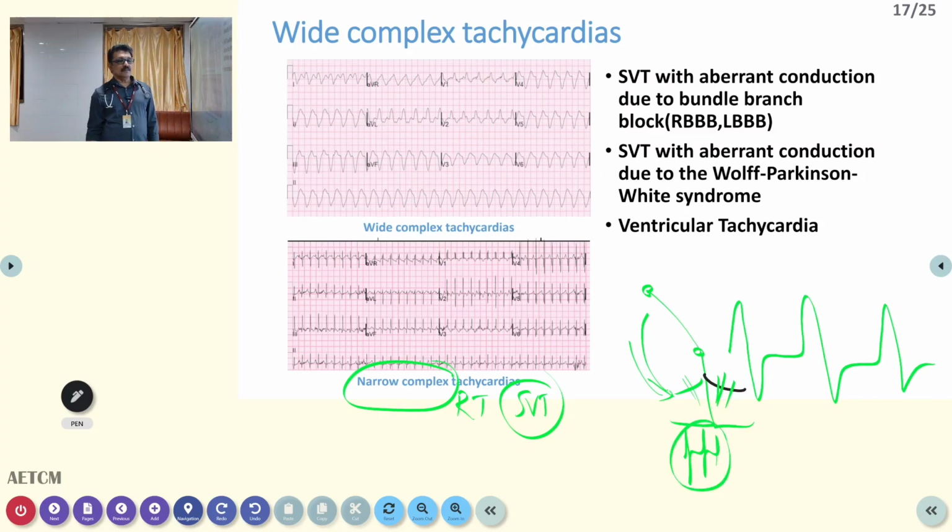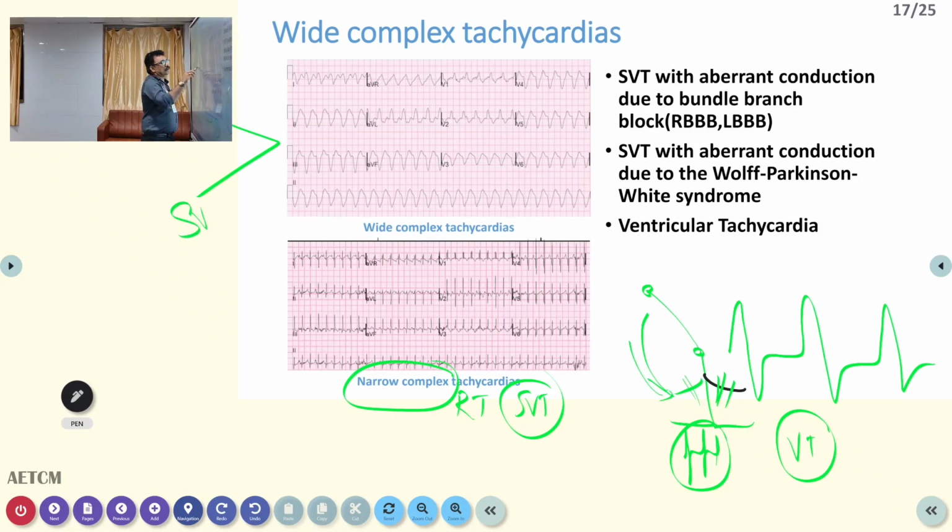So if you are seeing wide complex tachycardia, you must always think that the patient may have some sort of aberrancy in the conduction system, or it can simply be ventricular tachycardia. Ventricular tachycardia also will be wide. So wide complex tachycardia has two important differential diagnoses. One is ventricular tachycardia.